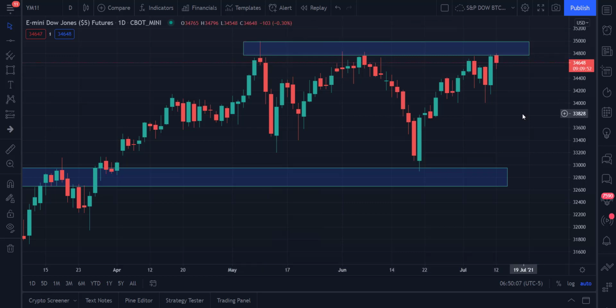And we're right there. So, could we see this market go above 35,000? Possibly. But look how many times we've had to test this 34,800 level, and we're sitting just a couple hundred points away from that now.